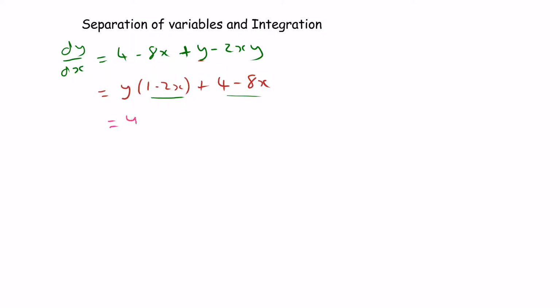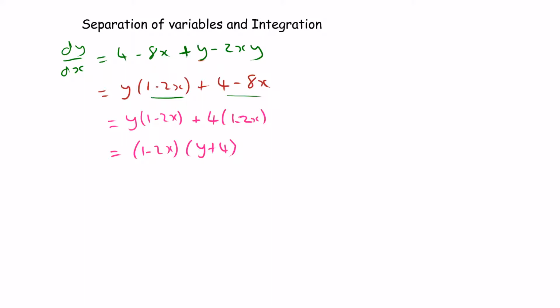So if we write it as 4 lots of 1 minus 2x, then we can see that we can take out the factor of 1 minus 2x from everything, and that gives us (y + 4). So there we've just factorized this into 2 brackets.